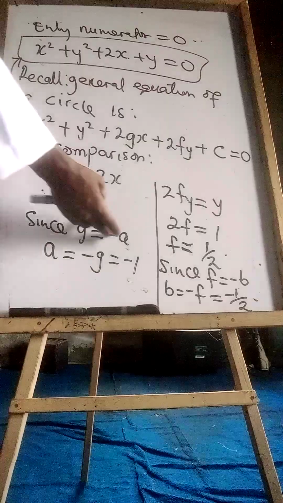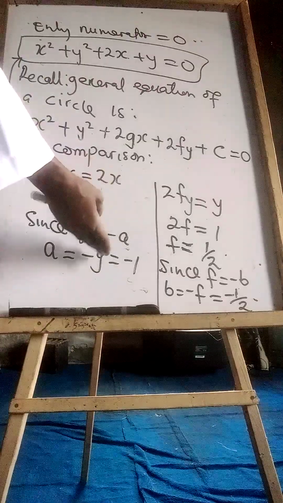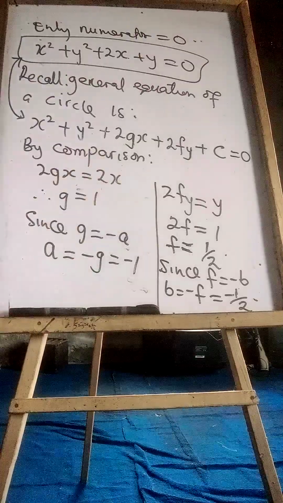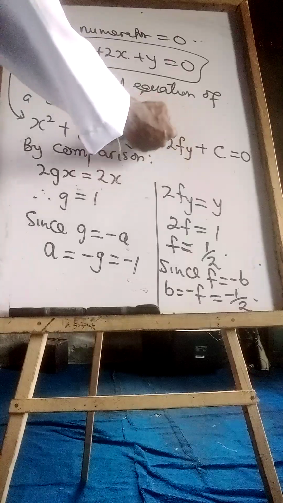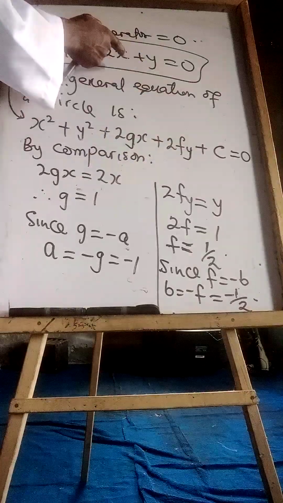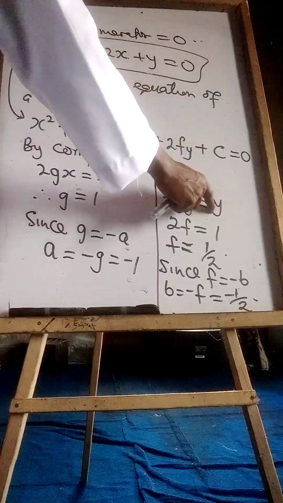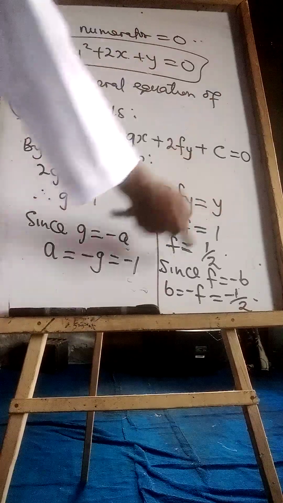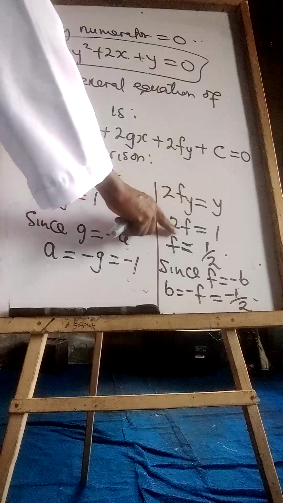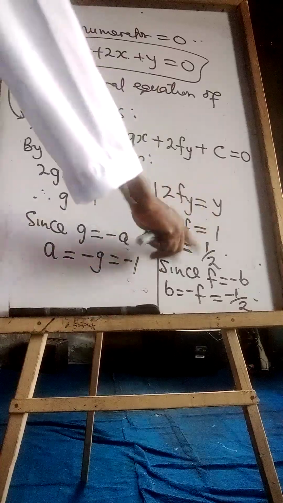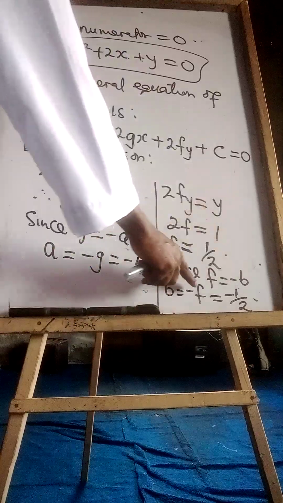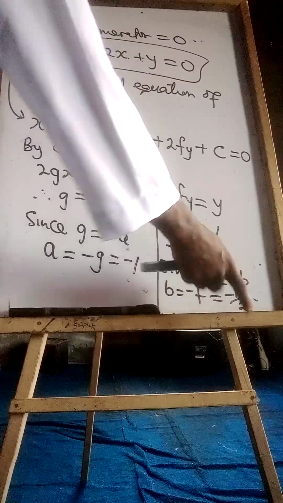And since g is negative a, a will be negative g, which is minus 1. So also, 2fy is compared with y. That means 2fy is equal to y, cancels y, giving 1 here. f will now be 1 over 2. Since f is negative b, b will be negative f, which is negative 1 over 2.